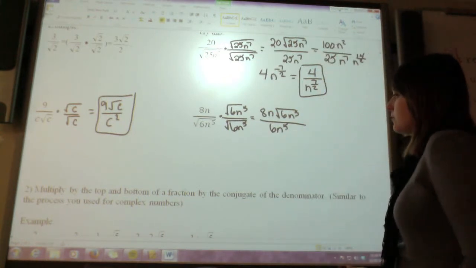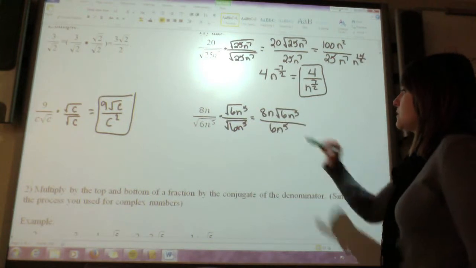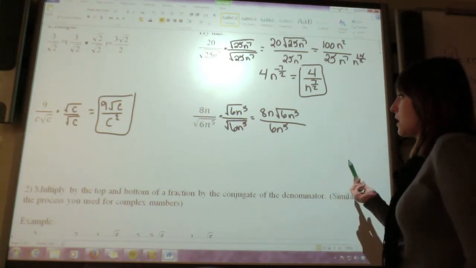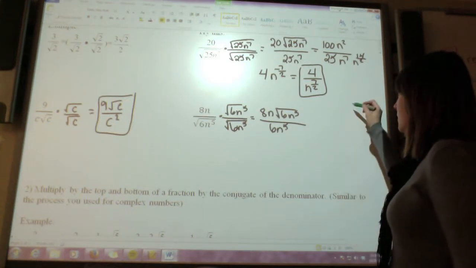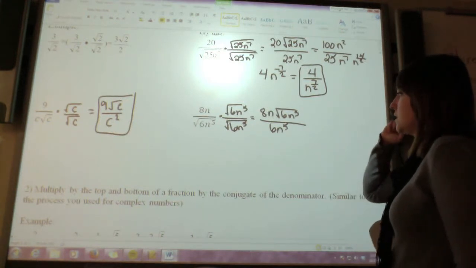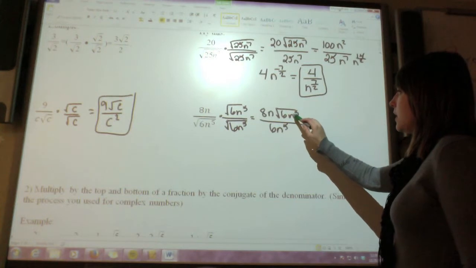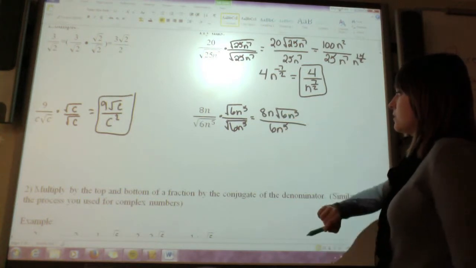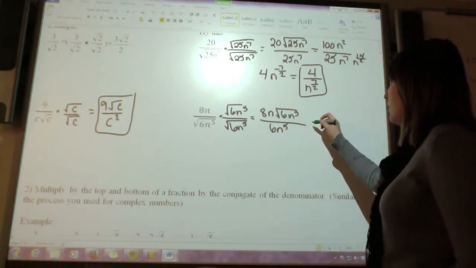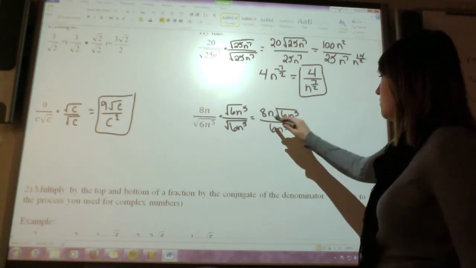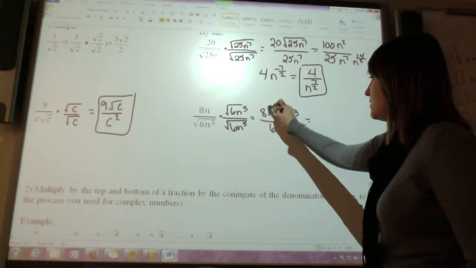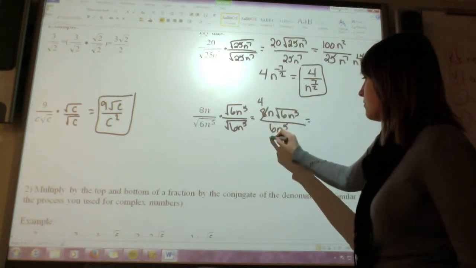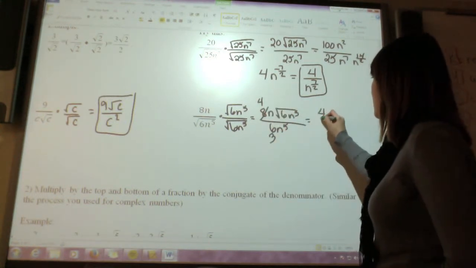Okay, now I can go through and simplify. The square root of 6 I can't really do anything with. I could simplify the radical, so I know that, no, actually I can't even do that. But I know that this n to the 5th, the square root of that, that would be n to the 5 halves. So let's see, this would be 8 over 6. That would give me 4 over 3.